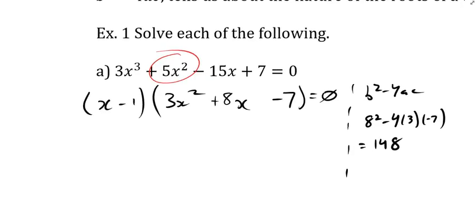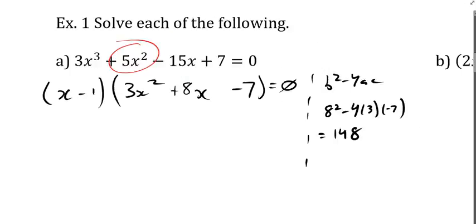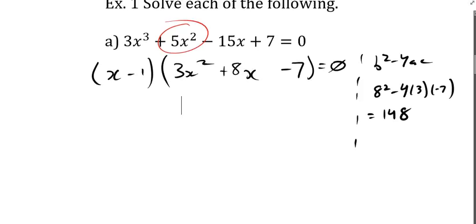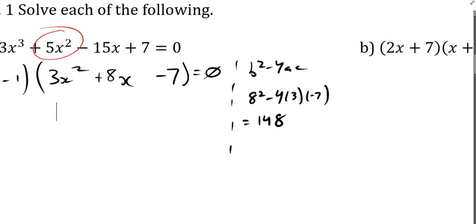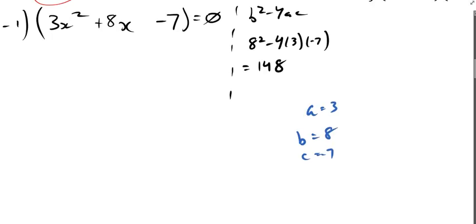Okay, let's do this. You could do it off to the side. And so again, just a quick little demonstration. I don't have a lot of room here, but a equals 3, b equals 8, c equals negative 7.